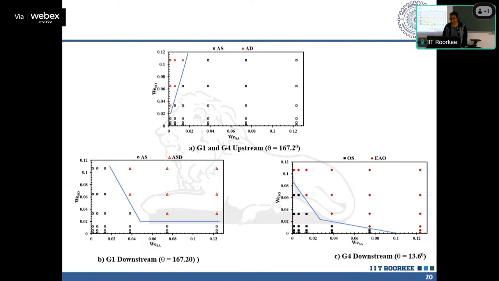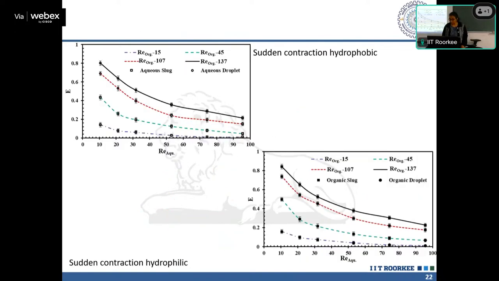we have what type of flow regime we have at the lowest. The type of regime also matters when it comes to that low Reynolds number. The organic phase Reynolds number is very low, and the aqueous phase Reynolds number is also low.